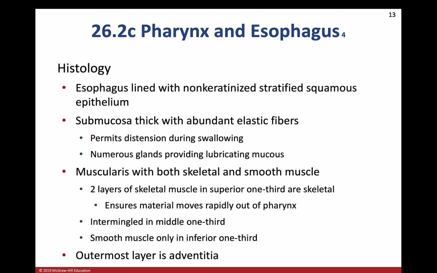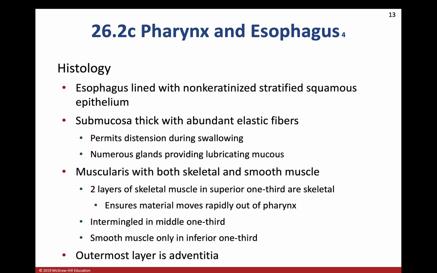Now, if we look at the histology, the esophagus is lined with non-keratinized stratified squamous epithelium because it is under mechanical stress. The submucosa is thick with lots of elastic fibers, and this allows for distension during swallowing. There are numerous glands providing mucus, and here mucus acts as a lubricant.